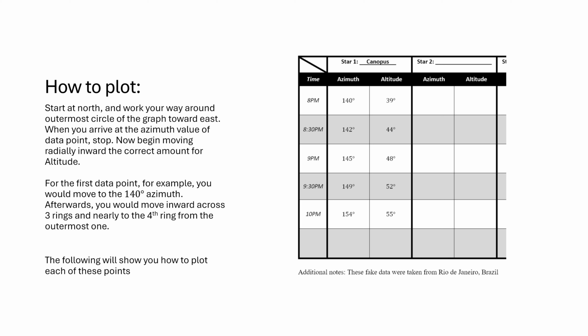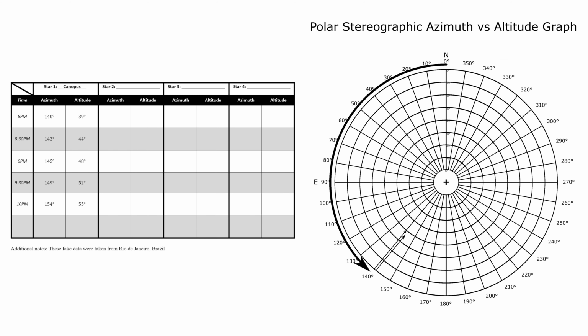I'm going to show you the plots for this entire data set, and if you need time to process what you are looking at, please feel free to pause the video. So this is data point 1, azimuth 140, altitude 39. Data point 2, azimuth 142, altitude 44.